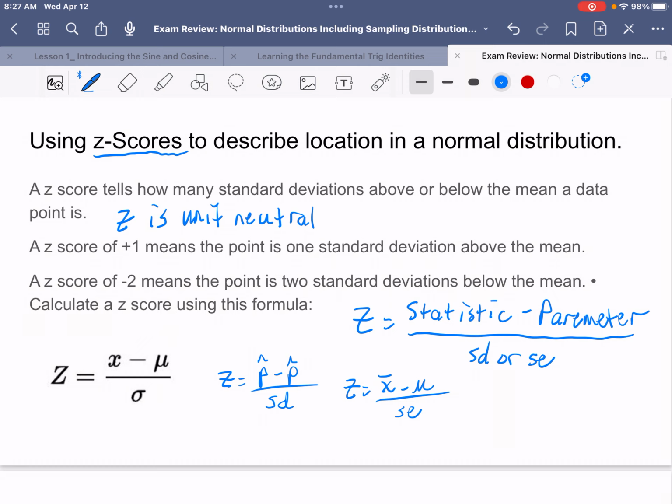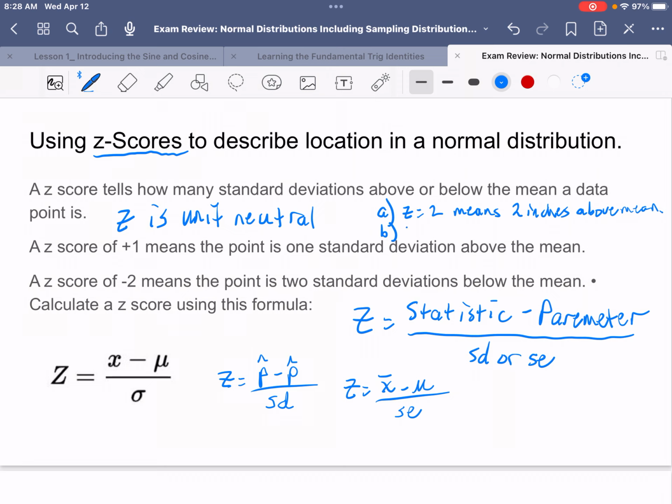Remember on the AP exam and on my test way back then, they try to fool you. They ask you to interpret z, and you find answer choice A says that z equals 2 means that this score is 2 inches above the mean.